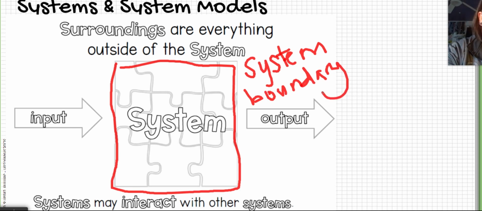So the system boundary is the area we're defining as the system. This is what's inside that boundary is the only part that we're considering.